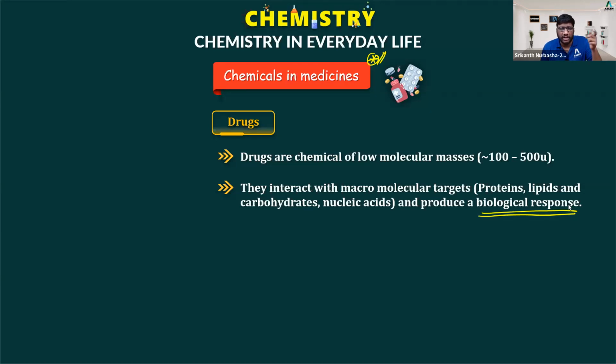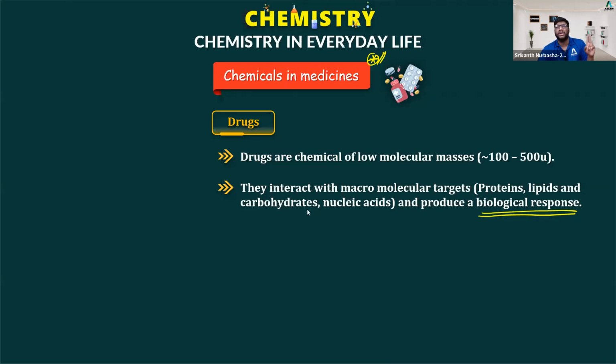The drug has to work on that particular part where the effect is already there. That means the drug has to identify the target and interact with the target. That is called drug-target interaction. Drugs interact with macromolecular targets, which may be enzymes, receptors, lipids, carbohydrates; different types of macromolecules are there.